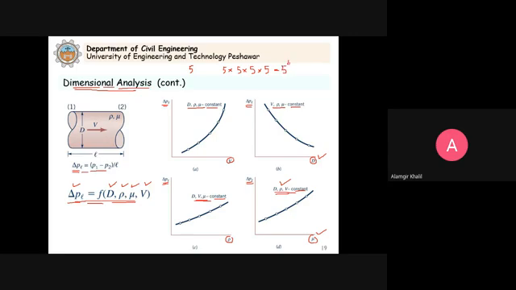How much is this? 625, if I am correct. So it means that you have to conduct 625 experiments to get a functional relationship for these variables.